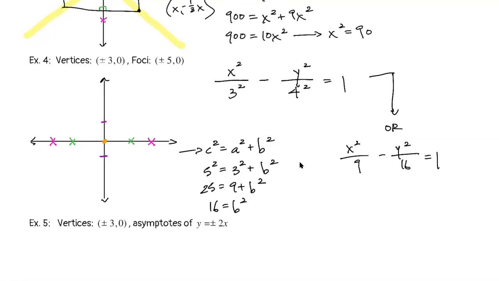I do have a question. Okay. What is your question, my dear? How can we find the asymptote for number 4? Oh, okay. I love that question. So if you had the asymptotes, that means that you would have drawn this box, yeah? And you know that your asymptote goes through the center and through the corners.